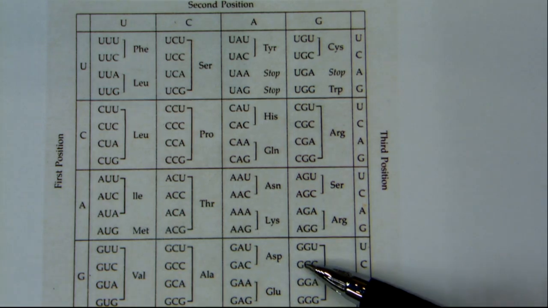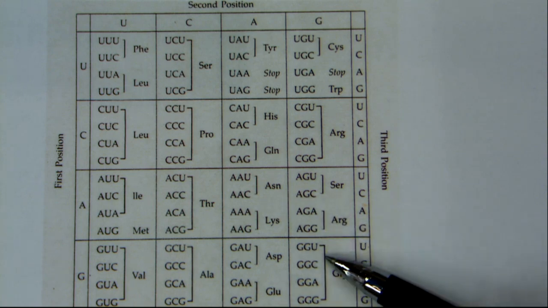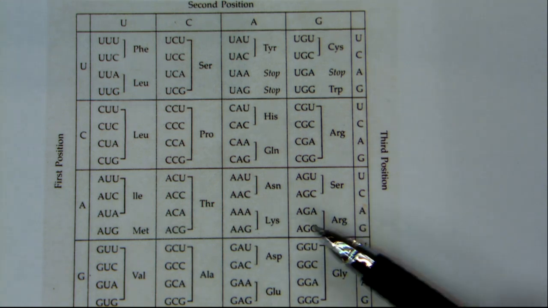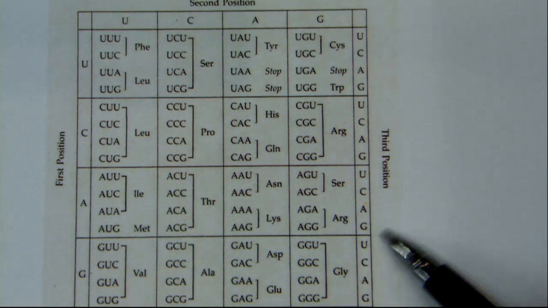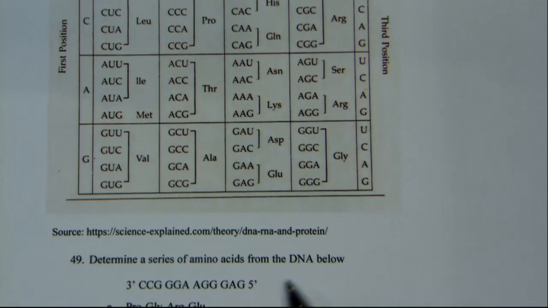Codon. Where can we find codon? Is it in DNA, tRNA, or mRNA? mRNA. So this one they gave us as a DNA, so we have to convert this into mRNA first, right?